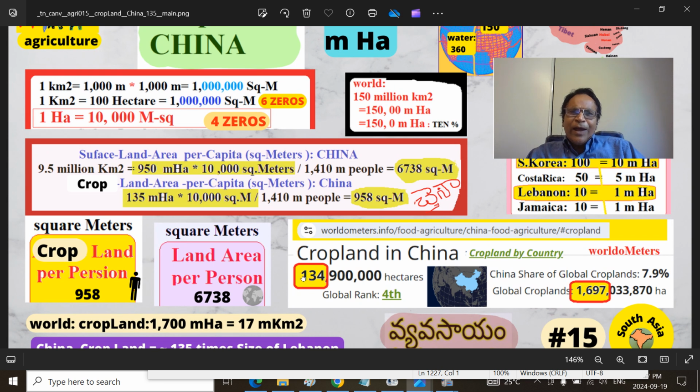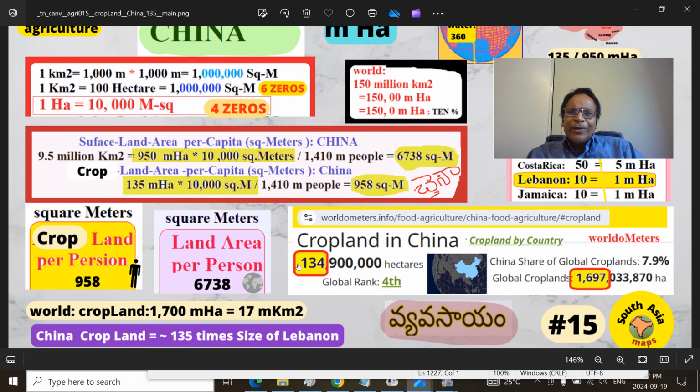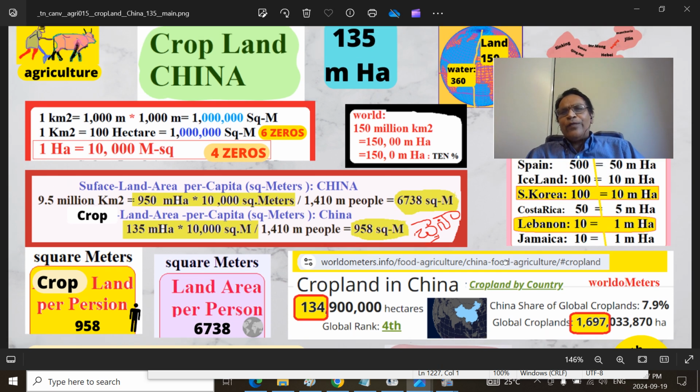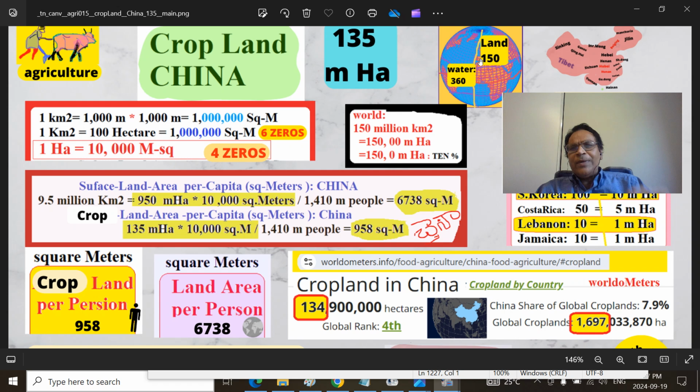I made it 135, to round it up. And China's share in the global land is nearly 8%. See how much cropland Earth has. If you say 150 here, these are million square kilometers, make it 10%, you get 15 million square kilometers.